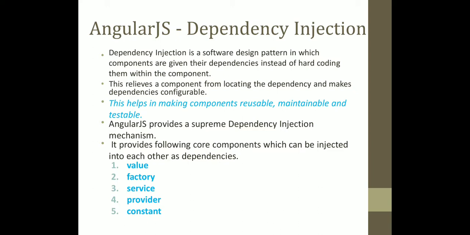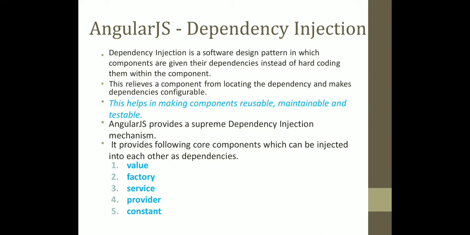Okay, so the simplest thing is, when an application is broken into modules, it becomes easier to reuse, configure and test. So this concept is about AngularJS dependency, and it is the process of injecting dependent functionality at runtime into modules.